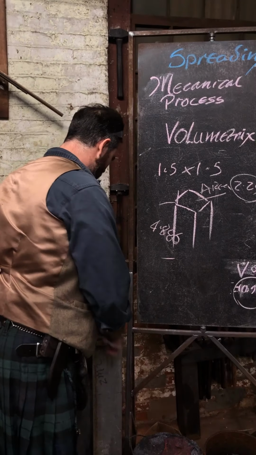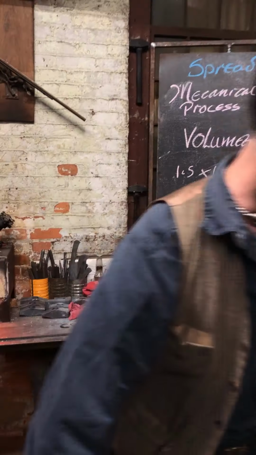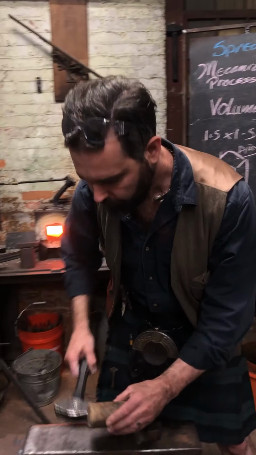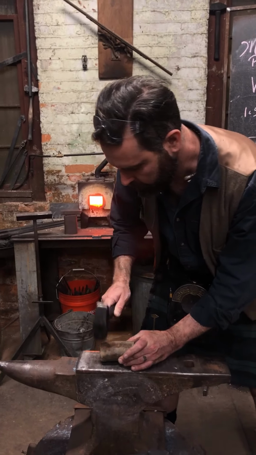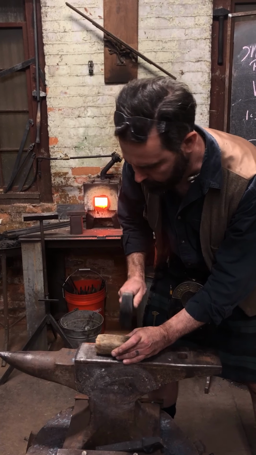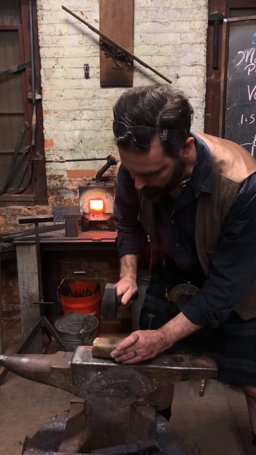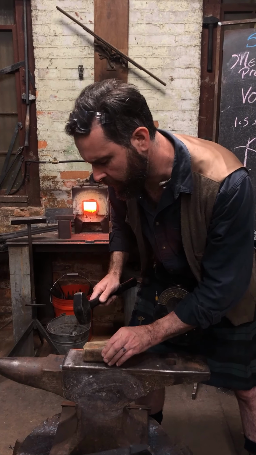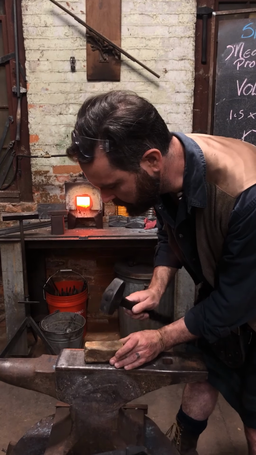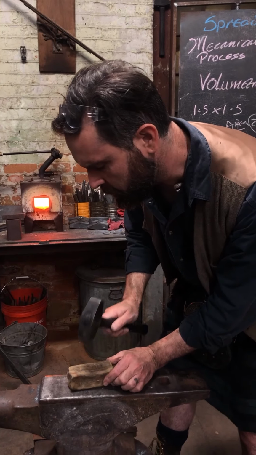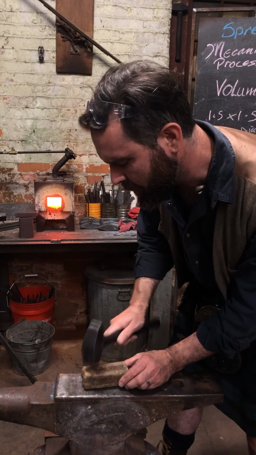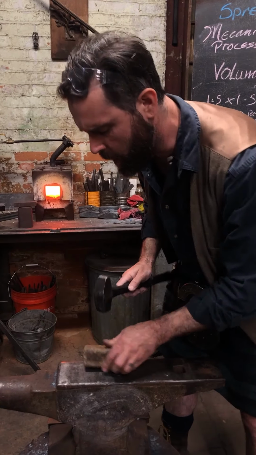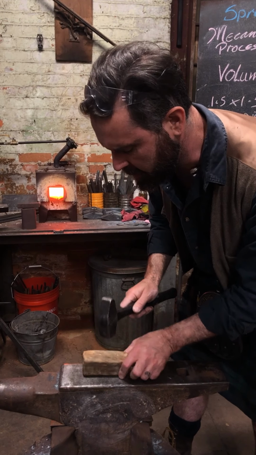So I'm going to hammer this down to that size, just squaring it out. And I love using the clay for calculating these things, because I can figure out so much without even picking up a piece of steel.